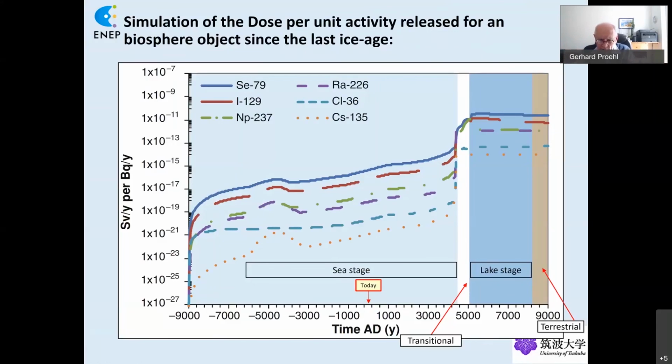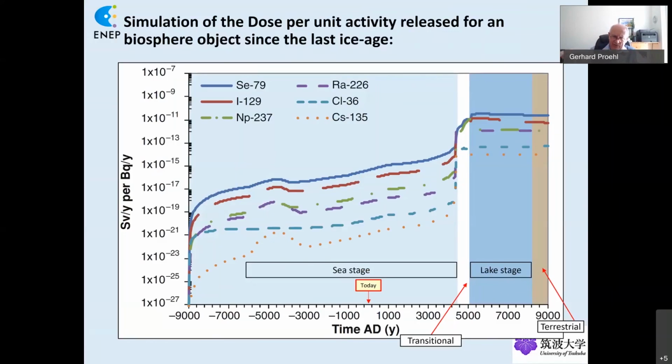The left blue part means it's still under the sea. The discharge is under the sea. You see also the time where we are today, about in the middle of this graph. And then we have a white transition period, a lake stage, and a terrestrial stage.